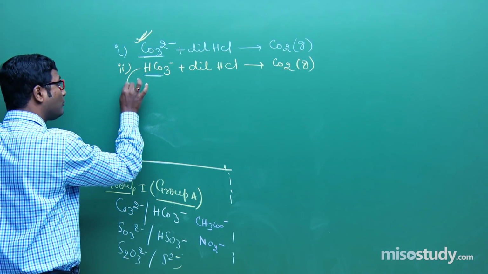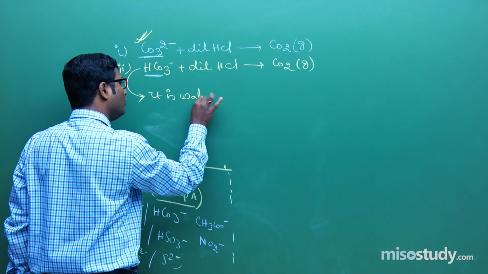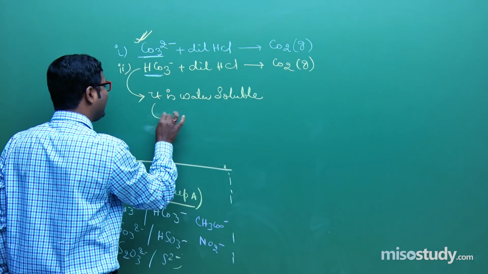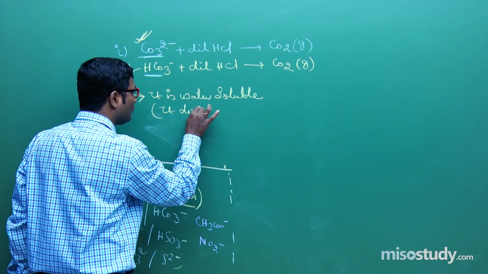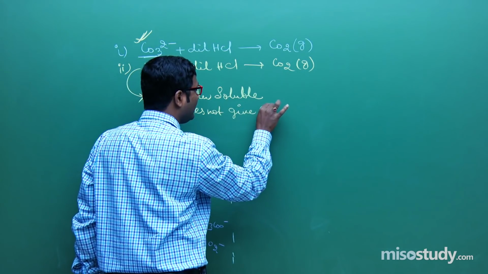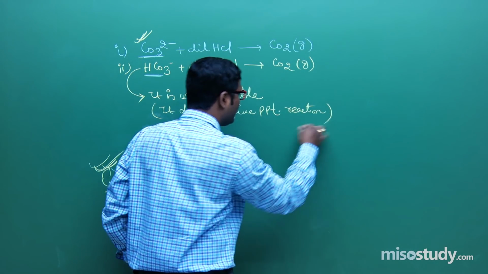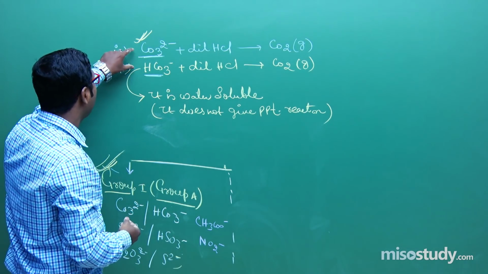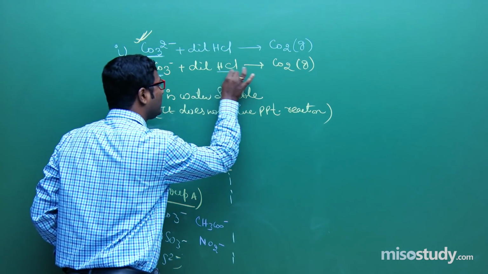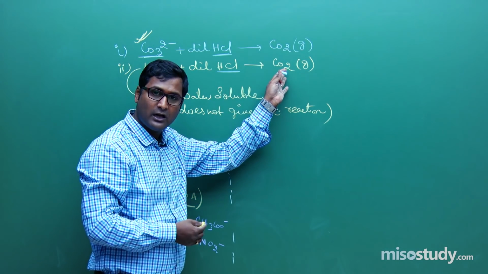If I talk about bicarbonate, it is water soluble, that is, it does not give a precipitation reaction, a PPT reaction. Clear to you? What I am telling is, if a salt contains carbonate or bicarbonate, then on treatment with HCl it gives carbon dioxide.